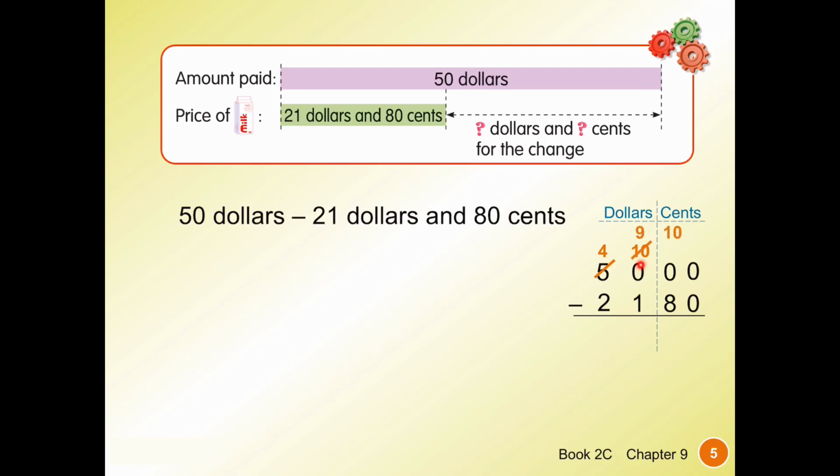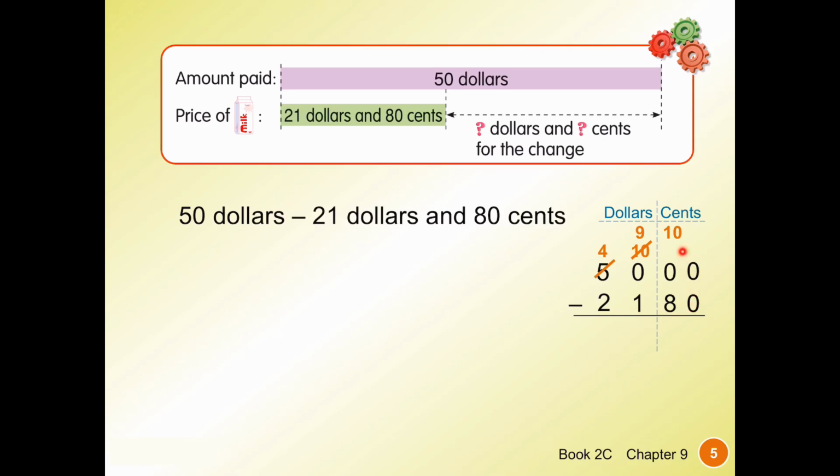But remember, we need to borrow 1 from the units place for the cents part. So when we borrow 1, 10 becomes a 9, and we have a 10 in the tens place in the cents part. Here, notice, I know that $1 equals 100 cents. But because we're in Hong Kong, we do not have something like 25 cents, 99 cents. We usually don't have anything in the units place for the cents part. It's always a 0 here.